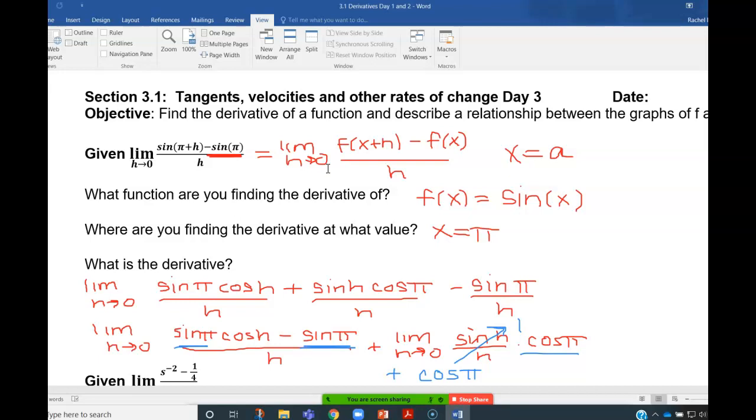So does anybody recall what the limit as h approaches 0 of cosine h minus 1 all over h is? No, nothing.